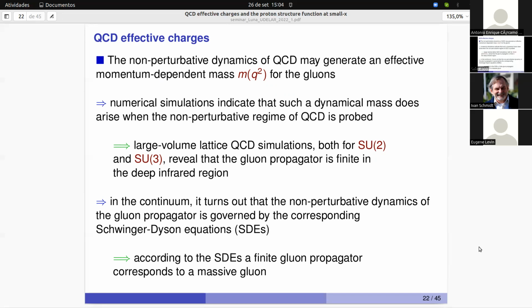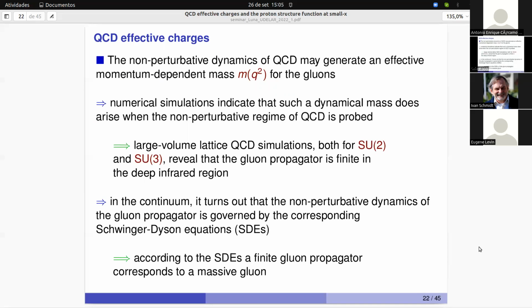Just pay attention that this is not the mass that appears in the Lagrangian of QCD, for example. This is a dynamical mass. It depends on the scale, on the momentum Q squared, for example. And this mass goes to 0 in the regime of high Q squared. So this is another type of mass.